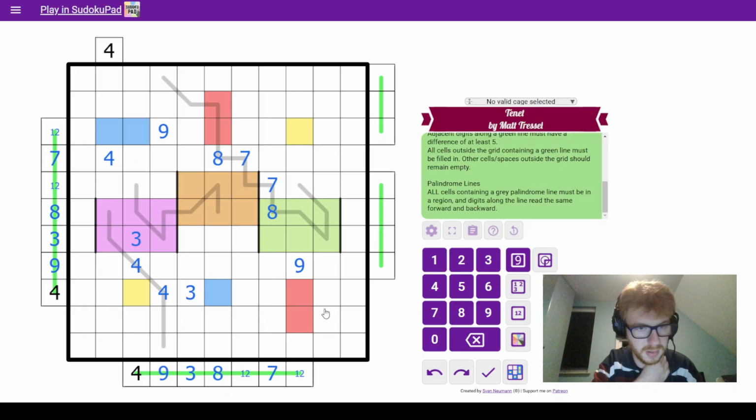Then we move on and find something else. It's tough. It's tough knowing where things can be placed. These cannot be 9s.